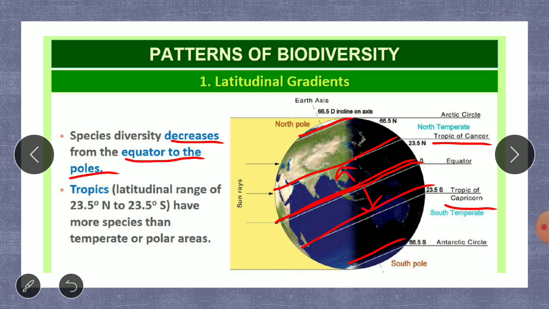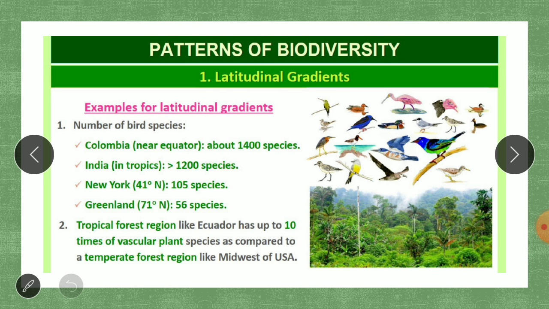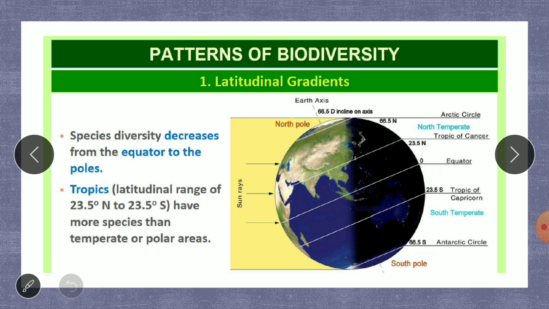If you go still further toward the top, you can see 66.5 degrees north, which is known as the north temperate zone, and around 66.5 south, it is known as the south temperate zone, or when you go below it, you can call it the Antarctic circle. In this manner, our earth is divided into various latitudes and longitudes.